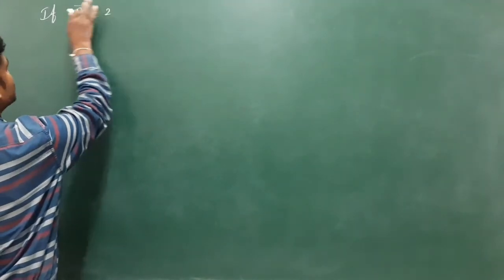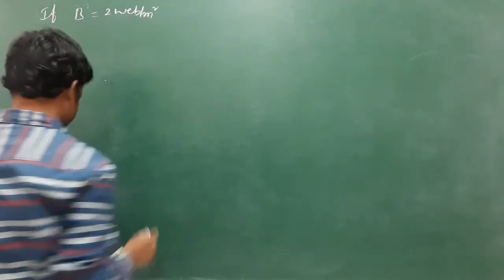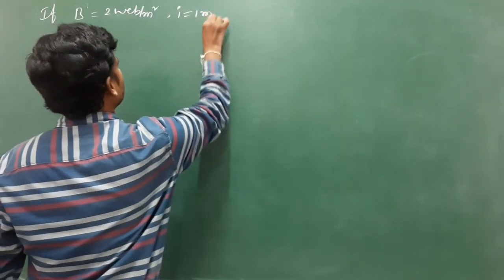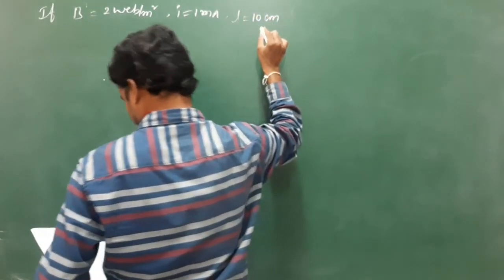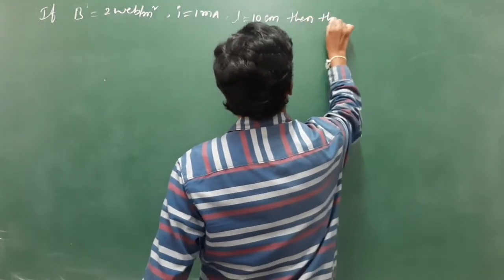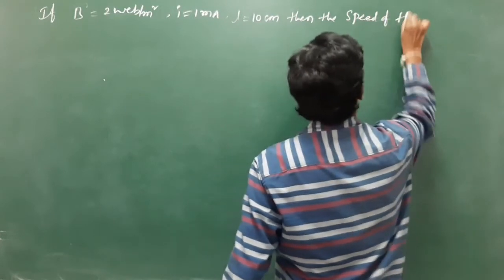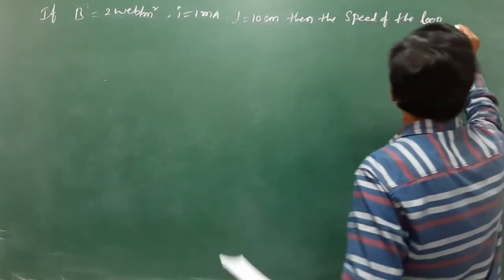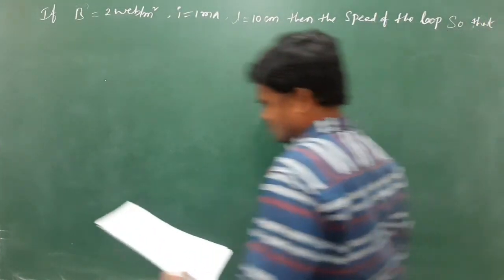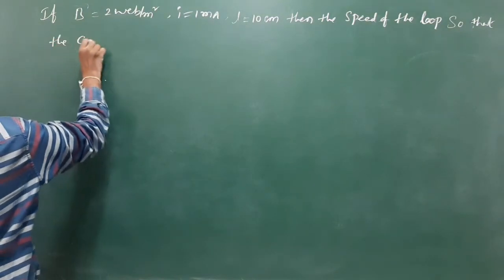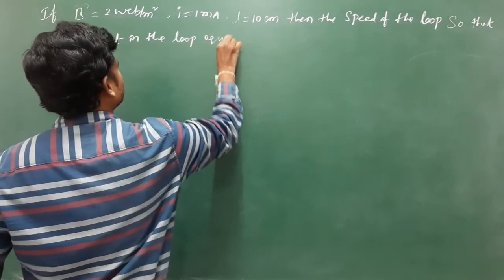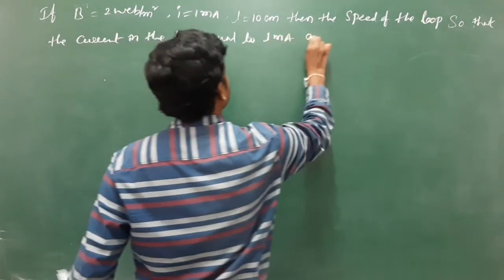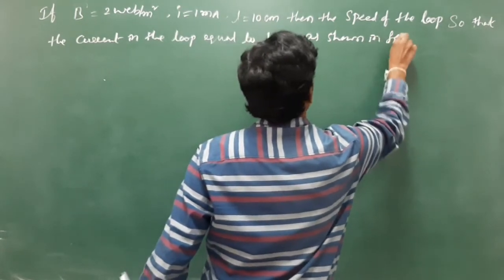If the magnetic field of induction is given as 2 Weber per meter square, and the current is given as 1 milliampere, and the length they mentioned is 10 centimeter, then find the speed of the loop so that the current in the loop is equal to 1 milliampere as shown in figure.